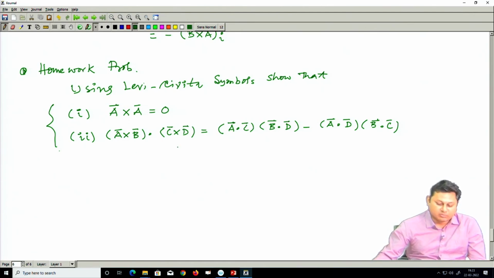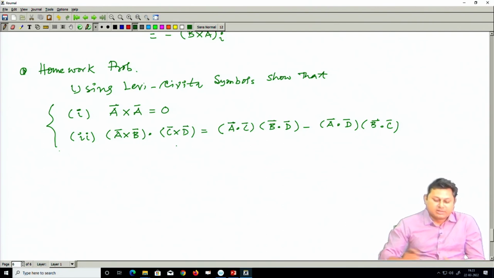The important thing is that once you understand these symbols, you do not need to remember these complicated vector identities. Whatever vector problem is given to you, by using these symbols you can find it out by yourself. You do not need to remember these big expressions.